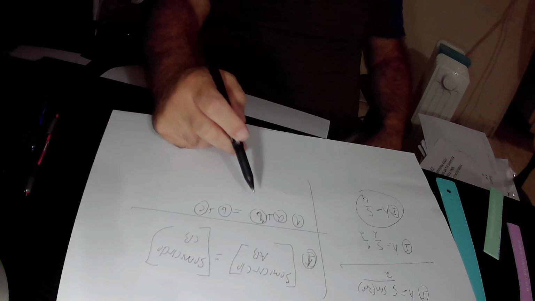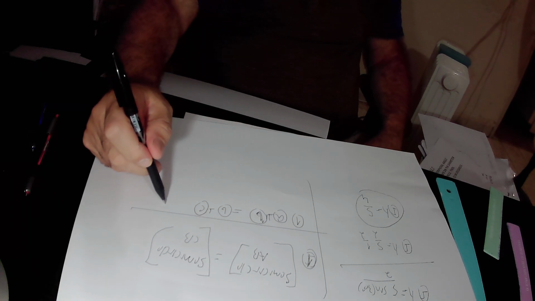That is to say, A plus B equals B plus C. Here we subtract B from this equation.